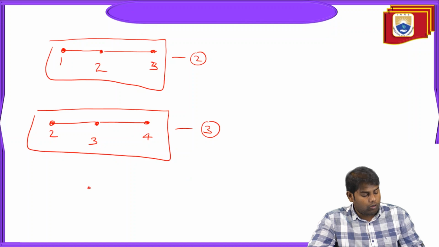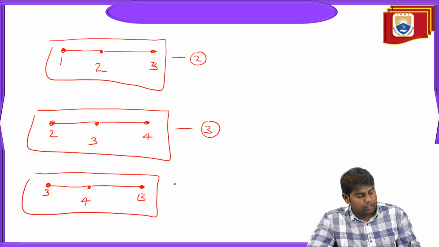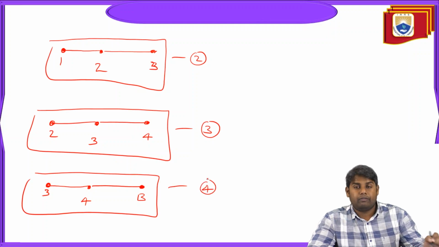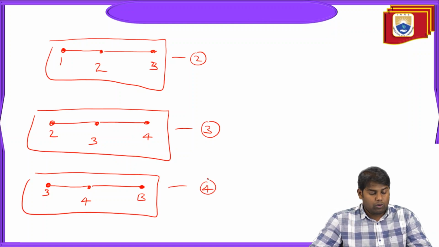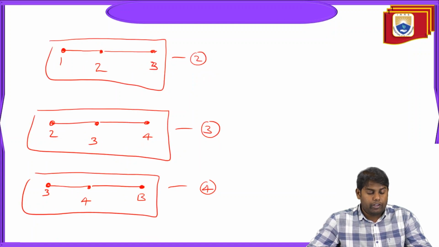For point 4, here we have 3 and here we have B, and one set of equation. So here we have 1, 2, 3, 4. Basically there are 4 equations which we will derive.